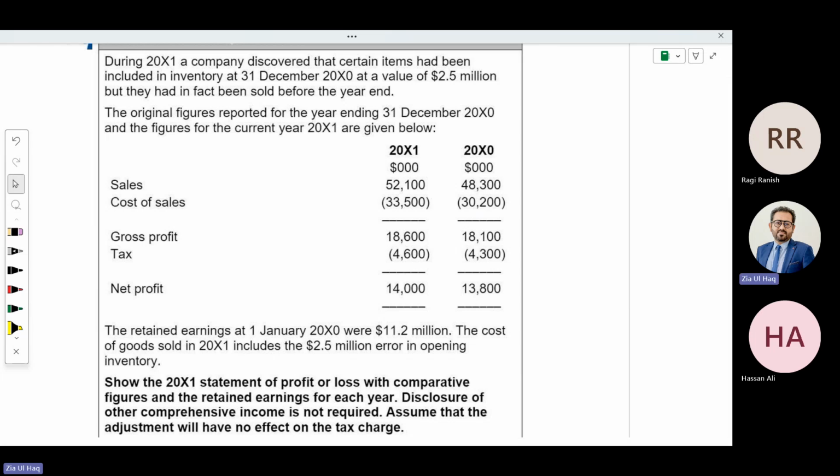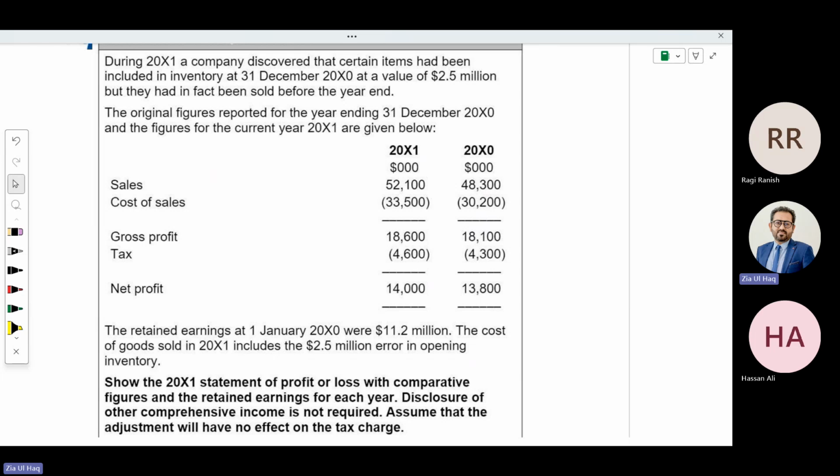During 20X1, a company discovered that certain items had been included in inventory at 31st December 20X0 at a value of 2.5 million, but they had in fact been sold before the year end. In 20X0, currently we are in 20X1.